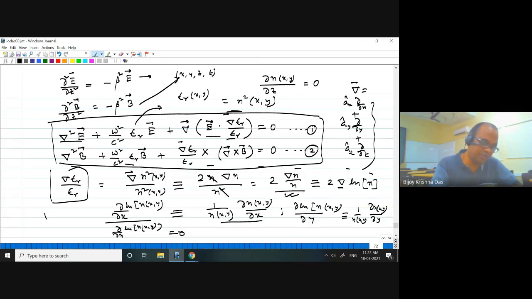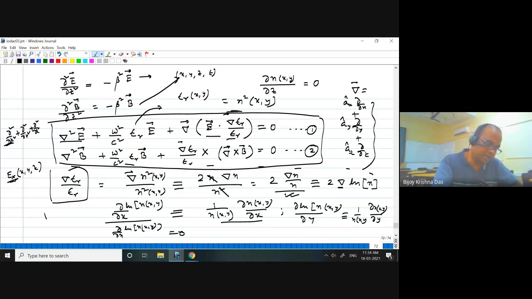And Ex can have x, y, z dependencies and time dependency. Time dependency I have included as the omega square here. So this is Ex of x, y, z. So that means del square equals del 2 del x2 plus del 2 del y2 plus del 2 del z2, right?